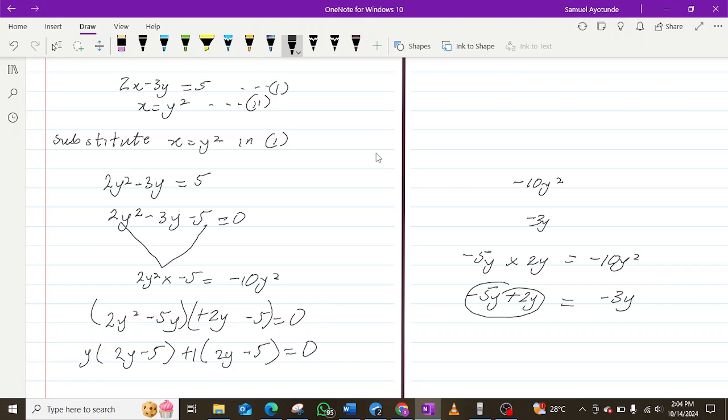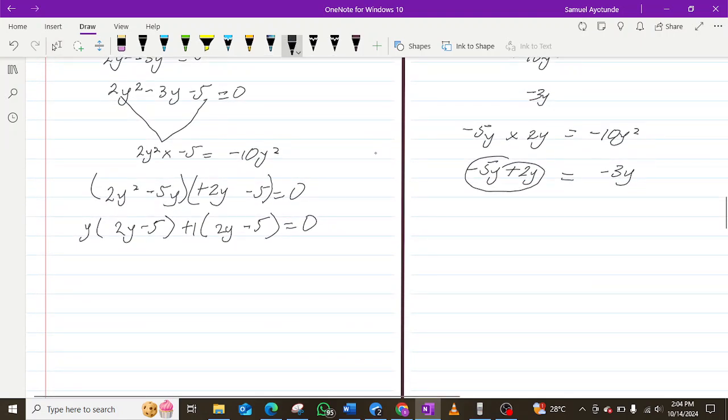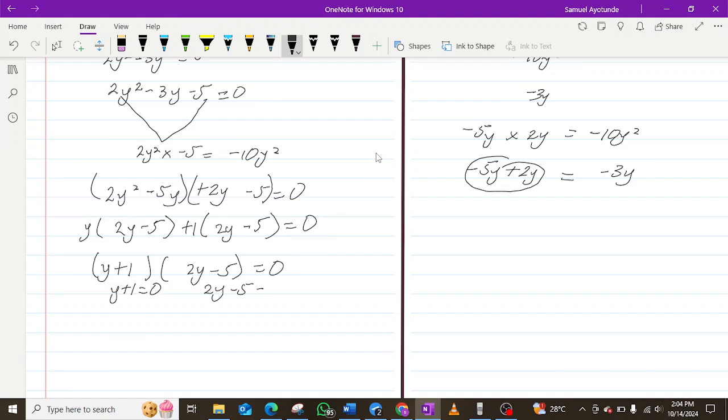Since what we have in the two brackets are the same, we're on track and our answer is correct. So from here we have y plus 1 in a bracket, 2y minus 5. So we equate both to 0. Y plus 1 is equal to 0 and 2y minus 5 is equal to 0. So y will be equal to negative 1 and y is equal to 5 over 2. So those are the values of y.